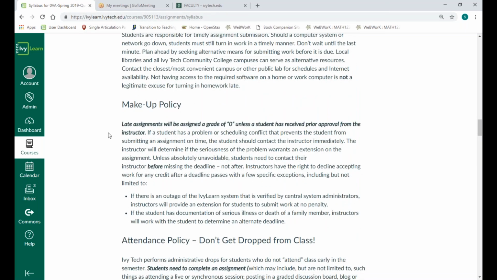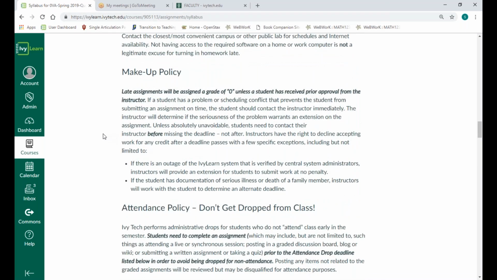Okay, makeup policies, and I'm pretty strict on the makeup policies here. If I don't see something submitted on time, it will be a 0 unless you have some sort of documentation, okay?